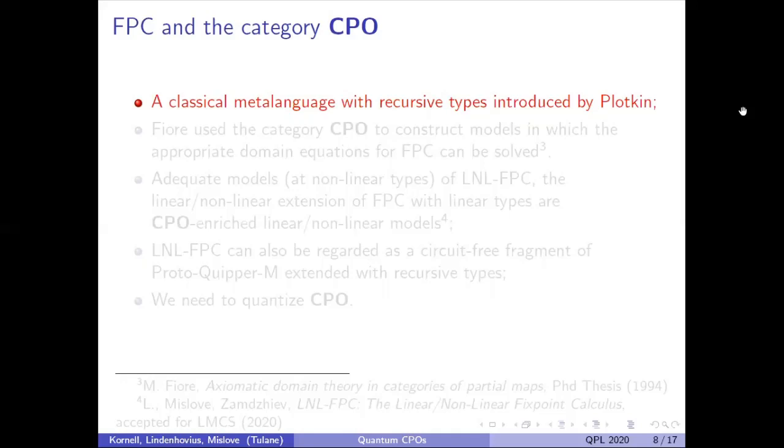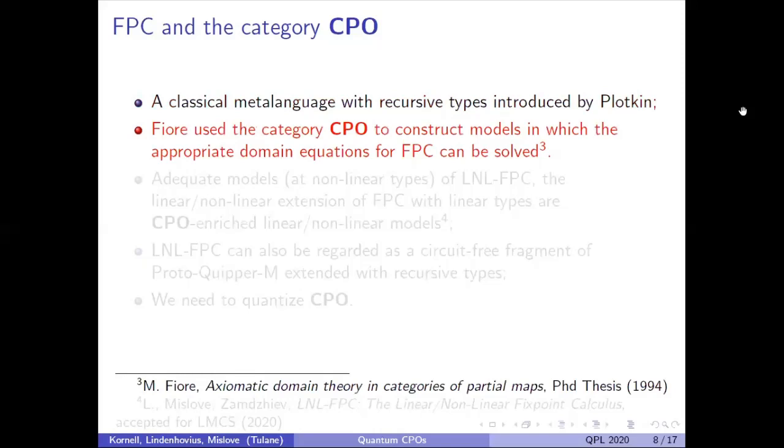And hence, if we know what the models are for FPC, then we know how to find the quantum version of that. So models are typically constructed in terms of the category CPO. This is done by Fiore in his PhD thesis.